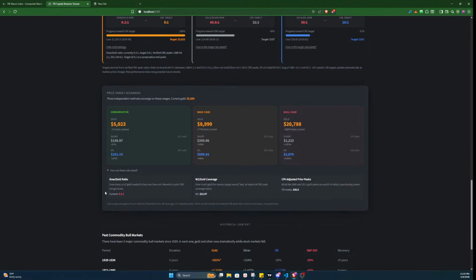It's a bigger explanation where you have to look at M2 and how much money they printed. You have to adjust for CPI, the consumer price index, and then the Dow gold ratio: how many ounces of gold are needed to buy 1 Dow unit? All of this helps to equalize and provide estimates for where we could go.